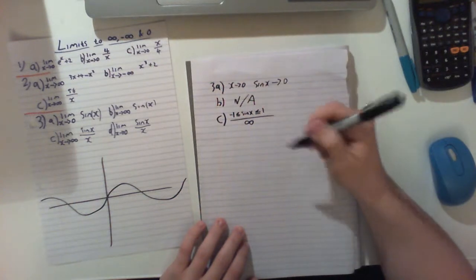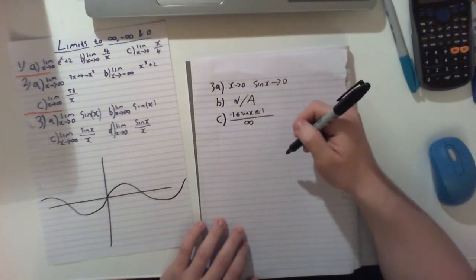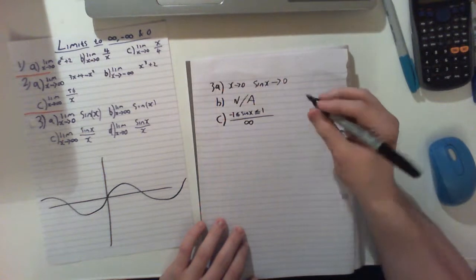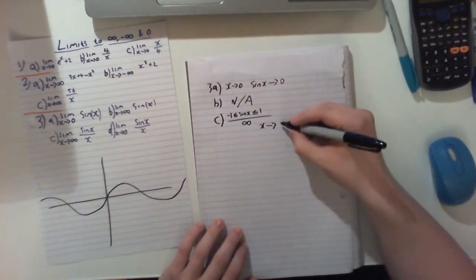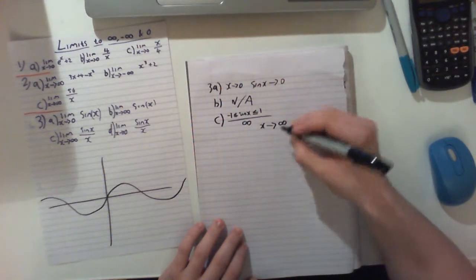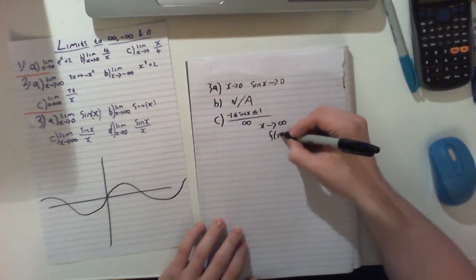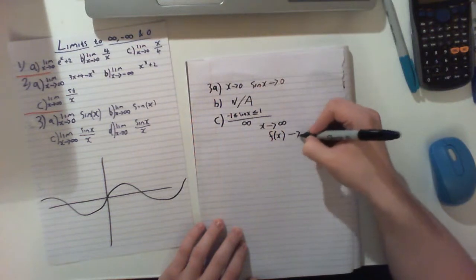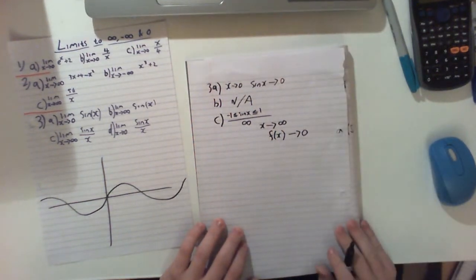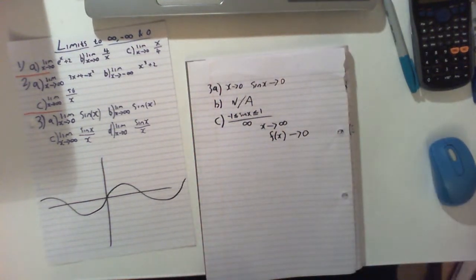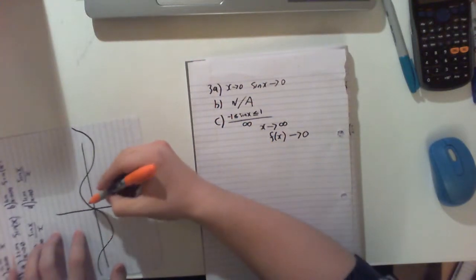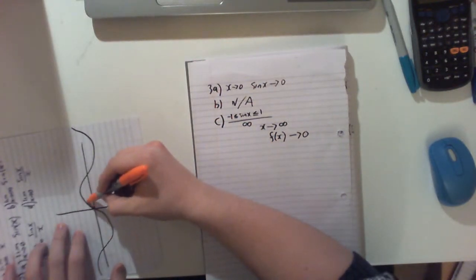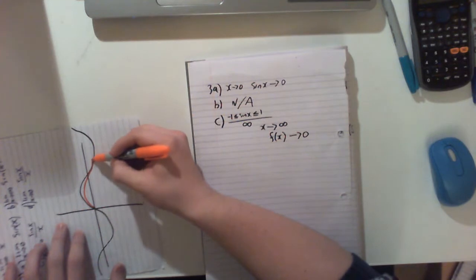So we can now say that it doesn't really matter where the value of sine lies. The fact that it's now divided by x means that as x goes to infinity, our function of x goes to 0, as sine only alternates. And I'm actually going to draw this on. We're going towards infinity from 0, and our sine would start to decay.